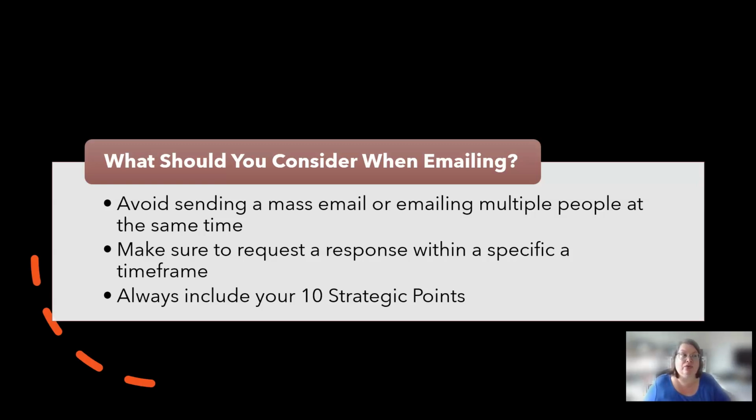Send that email out to your top choice, then your second choice, then your third choice. Okay? When you send that email, you want to make sure that you are asking them to get an answer back to you within a specific time frame. And then you always want to include your 10 strategic points so that they can look it over and make an informed decision. Okay? When you send out a mass email, it creates a perception that you haven't really thought about who would be best suited for your dissertation as your content expert.